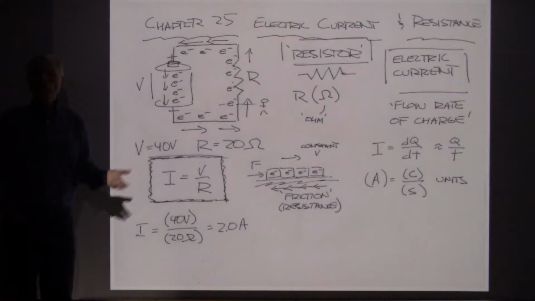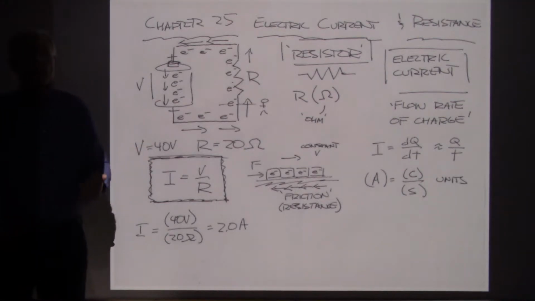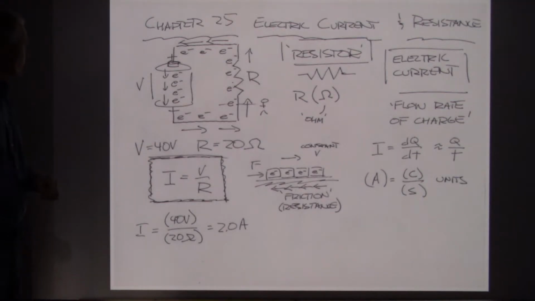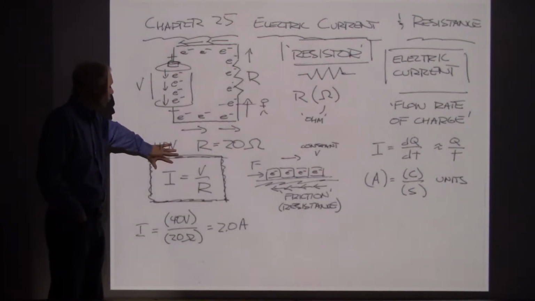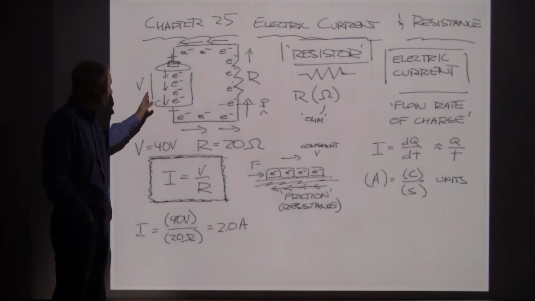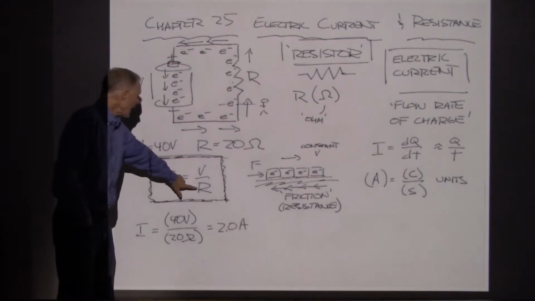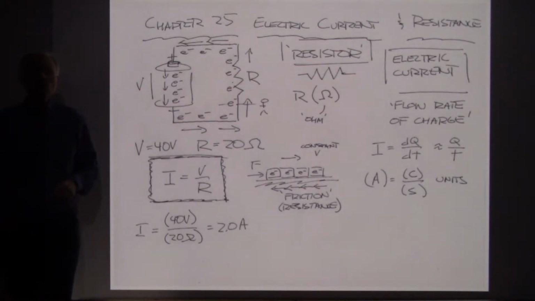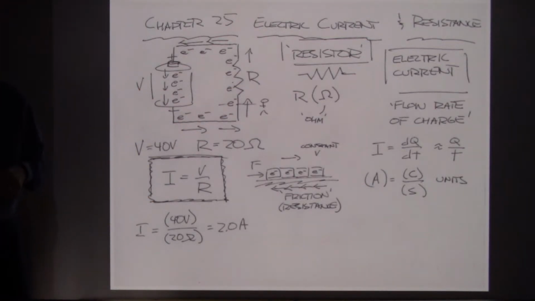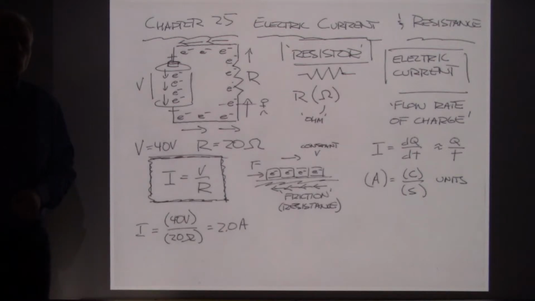If I have a higher voltage battery, those charges are coming out with more energy. So more voltage will drive charges at a faster rate. And the resistance is actually what slows things down. Resistance corresponds to how often the electrons run into things. It's kind of like friction.